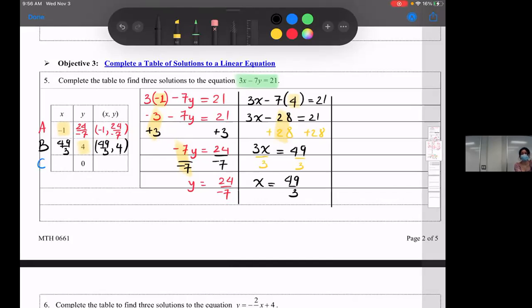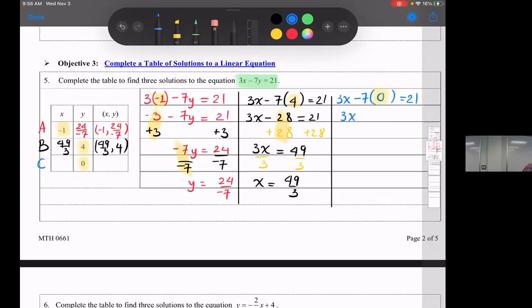What did you get for the last one? Good. X is what I'm looking for. So 3x minus 7, Y is 0. 0, so 3x equals 21.